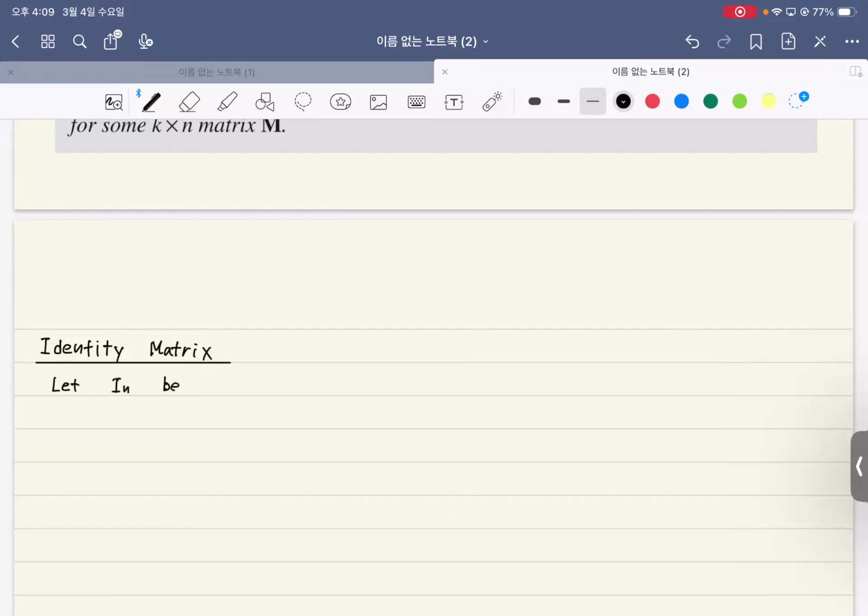In other words, the number of rows equals the number of columns. So this is what we call a square matrix. And such that the ith row and jth column entry is either 1 or 0, depending on the columns and rows.